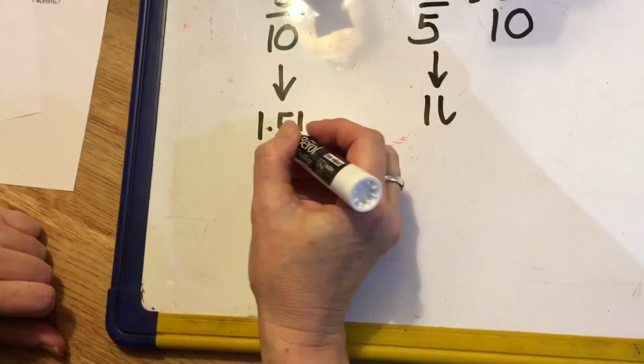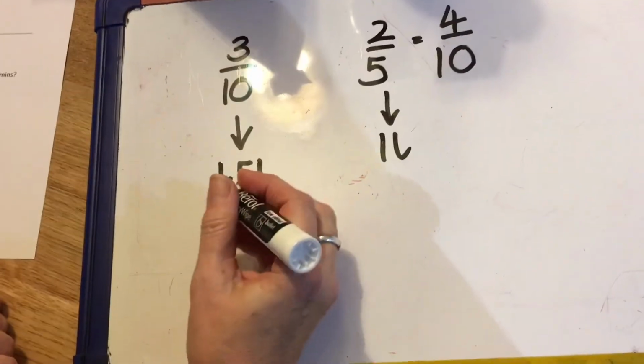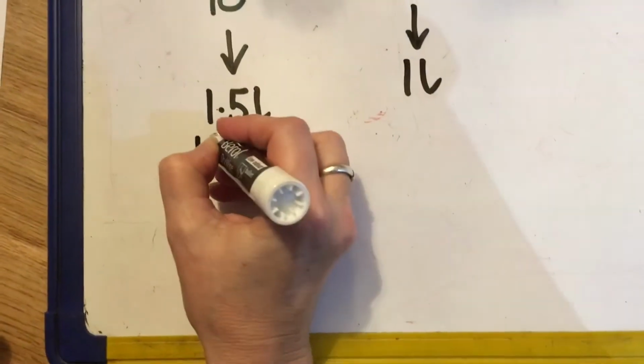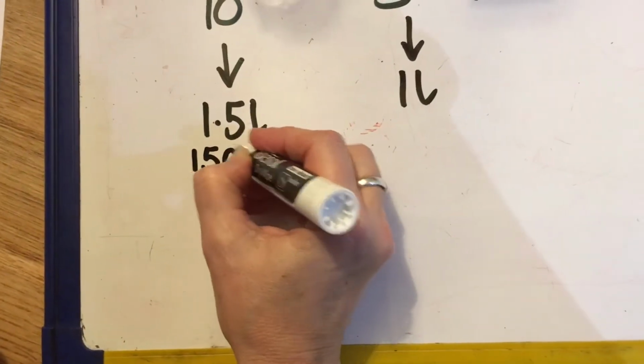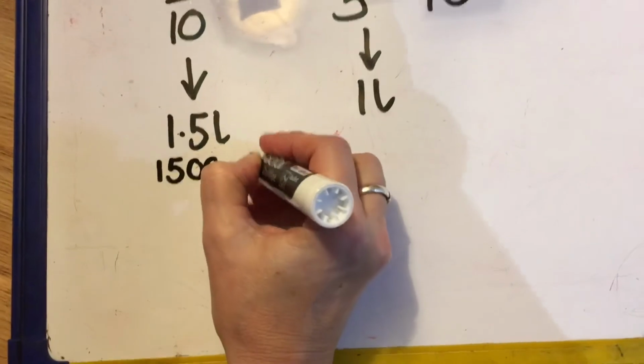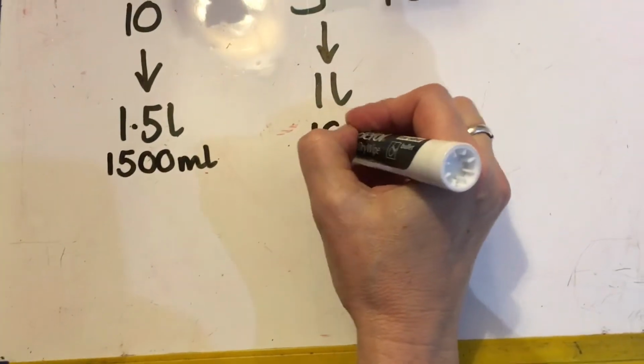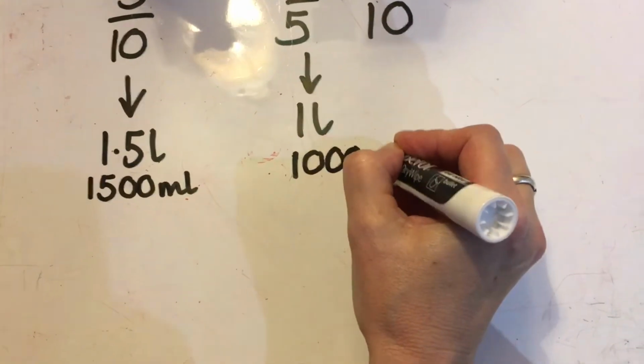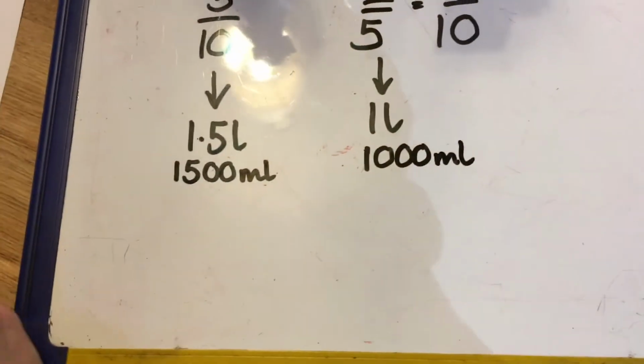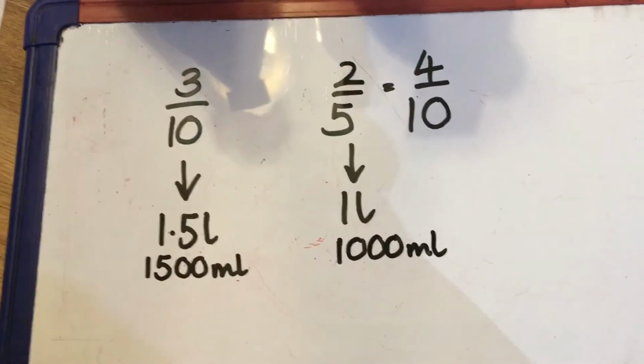Now, 1.5 litres, I'm going to jot this down because I think I might need this, is 1,500 millilitres, and 1 litre is 1,000 millilitres. You might remember that from when we did measures.